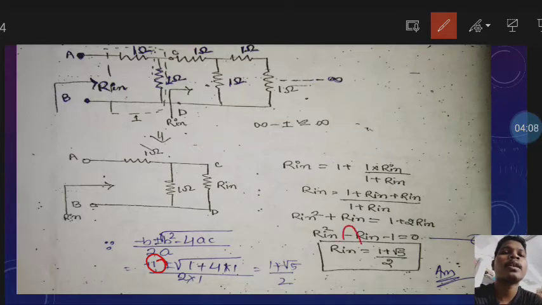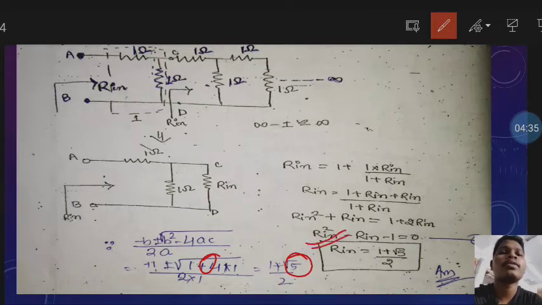Here B is minus 1, minus 1 squared is 1, minus 4AC, 4 is here, and A is 1 here, and C is minus 1 here. So minus 1 into minus will get plus. By adding this, 4 plus 1 is 5.